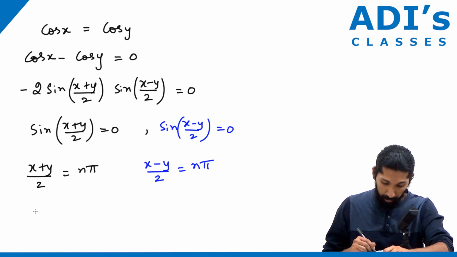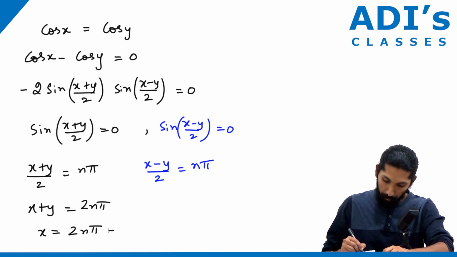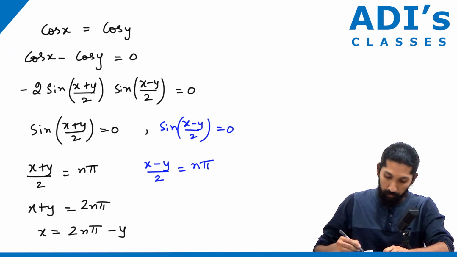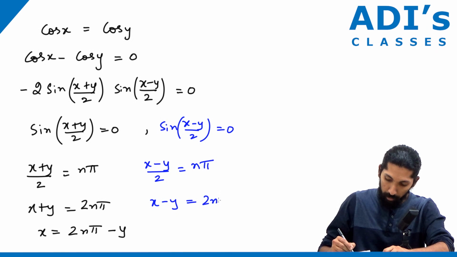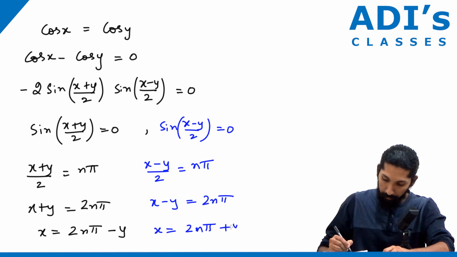So here we are going to get x plus y is equal to 2n pi, or x is equal to 2n pi minus y. First case. Now in the second case, we are going to have x minus y is equal to 2n pi, or x is equal to 2n pi plus y.